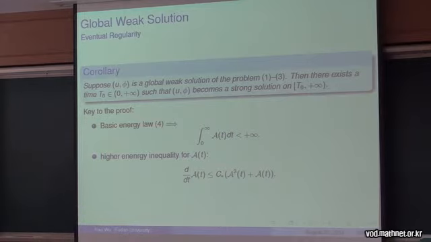So it has a similar property to the single Navier-Stokes equations. The key to the proof is very simple. We have the integrability of this quantity A, and we have this high order energy inequality. Combining these two, you can show that when T is sufficiently large, then A is bounded.